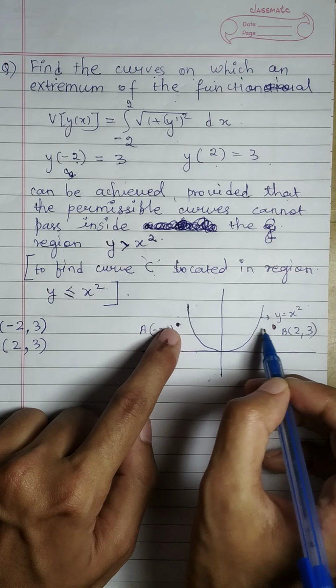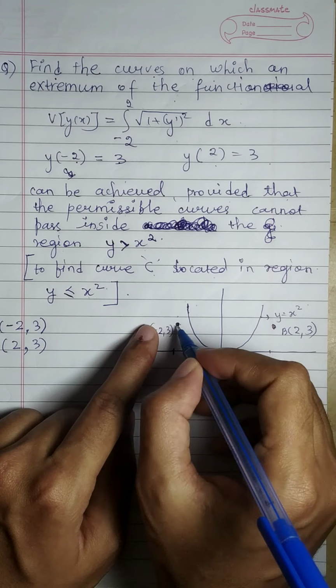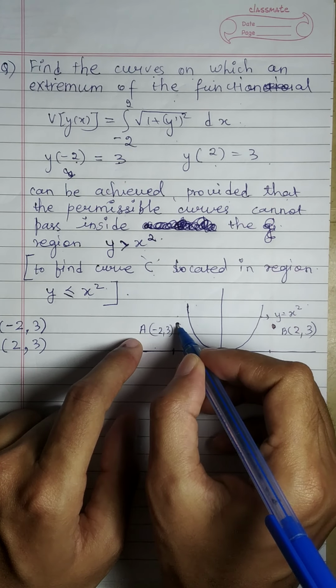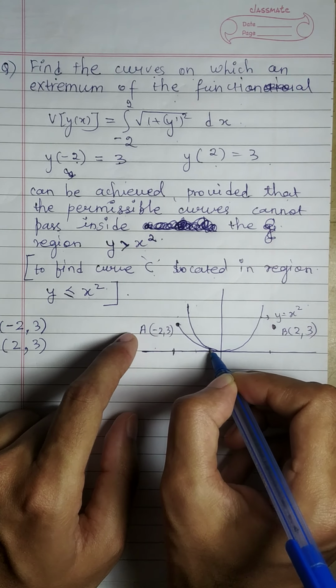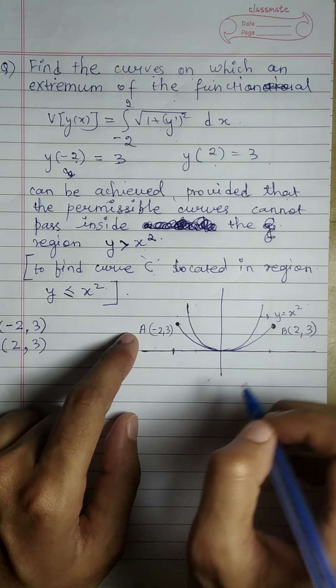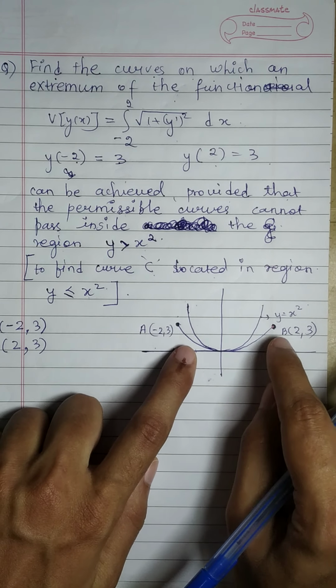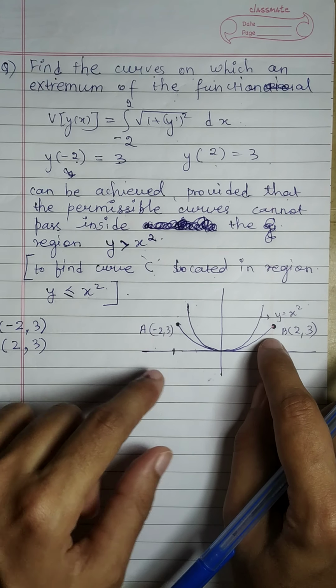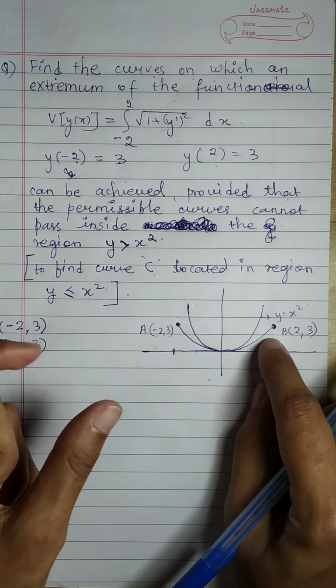So we cannot consider this, and under that we can clearly see that the extremal curve will be something of this form. So this will be the extremal curve C.